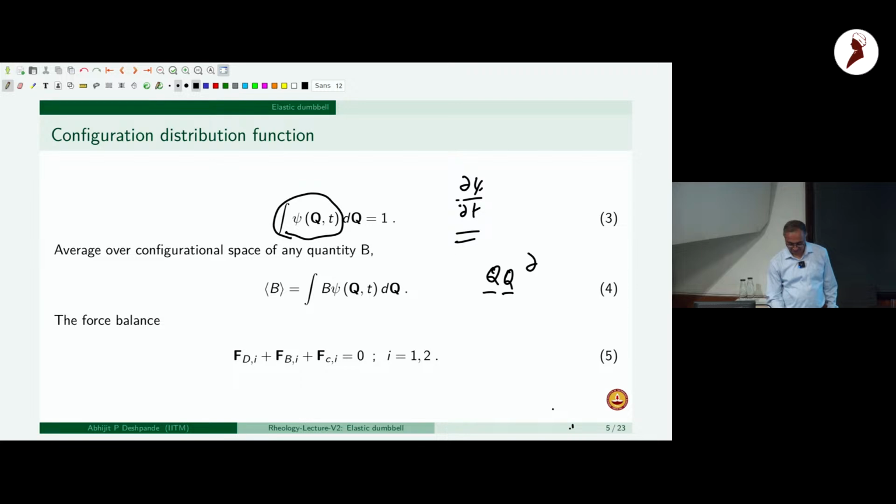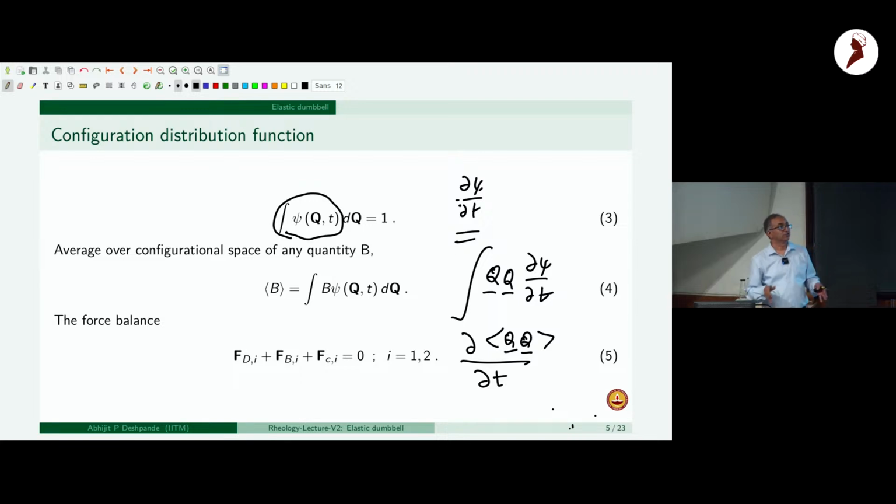And if we multiply by this and then do an integration, basically what we end up getting is a governing equation in Q. So the overall governing equation in this average conformation tensor, which is an ensemble average, basically gives us the governing equation for the elastic dumbbell.